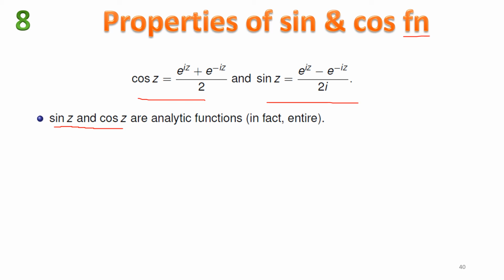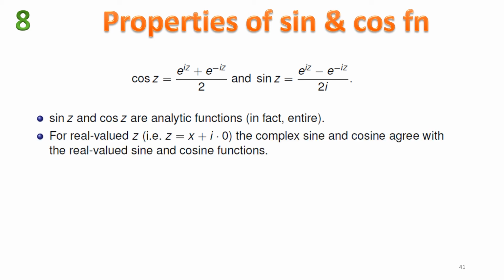So sine and cosine are analytic functions that we already know. And for real values of z, it means that the real part is x and the imaginary part y we are setting to 0, then the complex sine and cosine agree with the real sine and cosine functions.